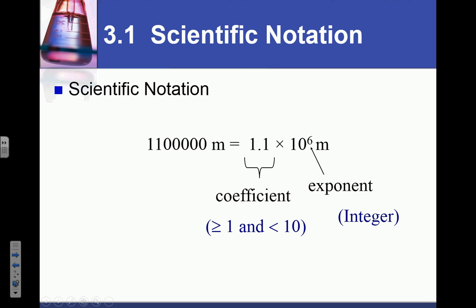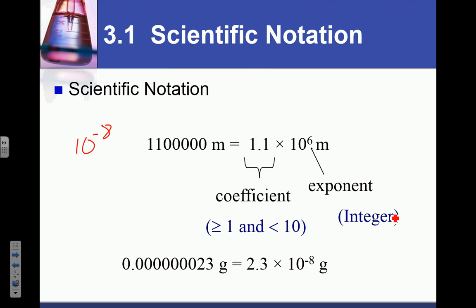And remember one thing about negative integers. If we have something like 2.3 times 10 to the -8th, well, 10 to the -8th, if you remember from math class, is really the same thing as writing 1 over 10 to the 8th. So literally, 10 to the -8th means we're going to divide by 10, 8 times.